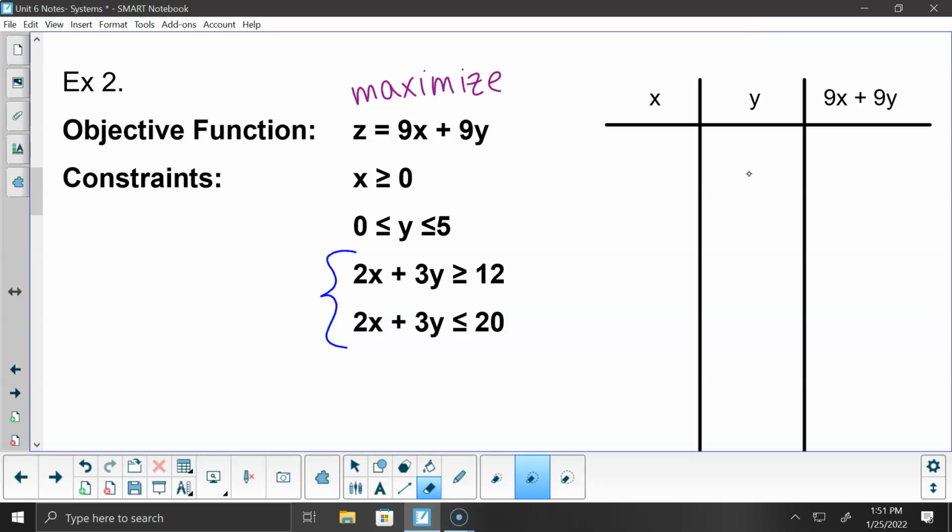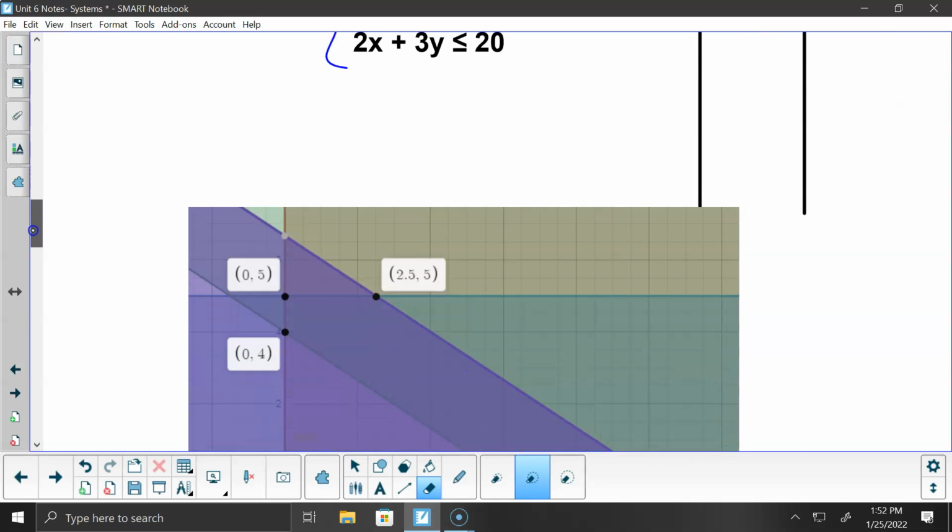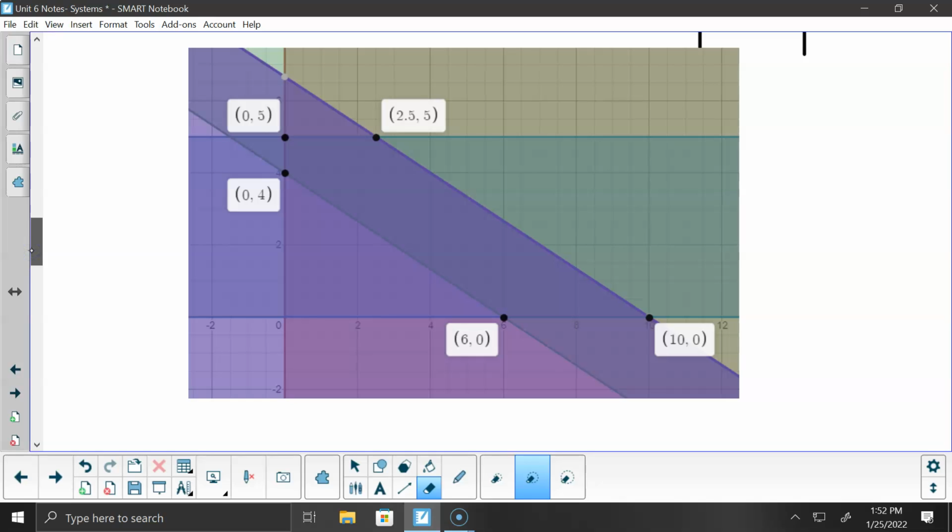Desmos is a wonderful thing with this. So what I'll probably end up doing on the test is I'll give you one of these, and instead of giving you a question from yesterday, like, just graph these two equations and then color it in. This would be like 6.5 and 6.6 combined.